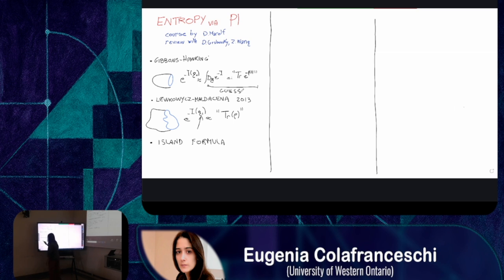When we apply this Lewkowycz-Maldacena construction to the evaporating black hole, we get what is called the generalized entropy, in which you have the Bekenstein-Hawking contribution, so the area of the horizon over 4G, and then some quantum corrections which are given by the entropy of the quantum field theory.